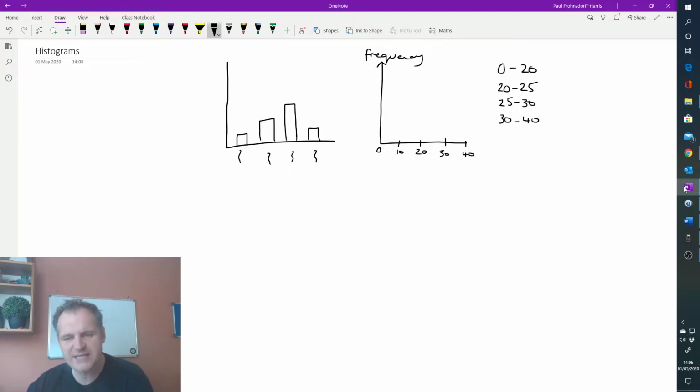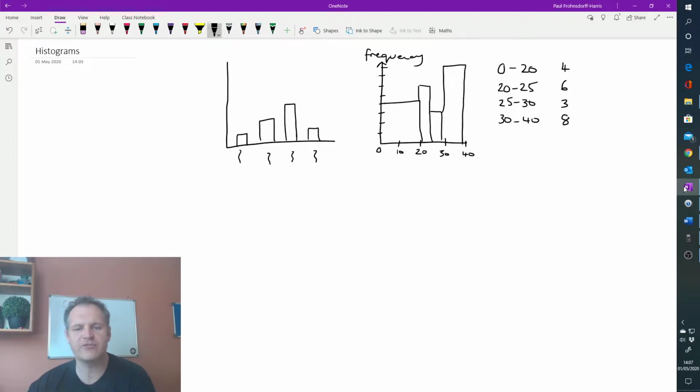Now, the reason it's important to show you this is if you have 4 people in this group, 6 people in this group, 3 people in this group, and 8 people in this group, when I draw my graph, that's 4, that is 6, this is 3, and this one is 8.